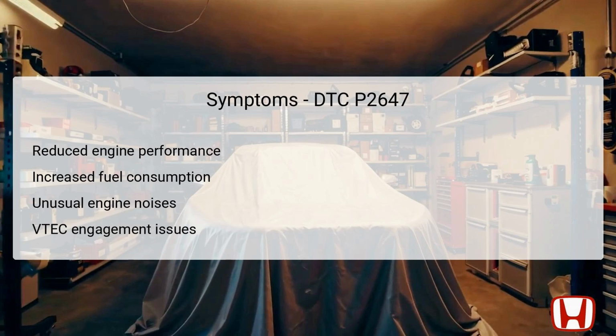This change can lead to increased fuel consumption because the engine is not operating at its most efficient state. Additionally, unusual engine noises may arise, particularly if the VTEC system is stuck engaged, generating rattling or knocking sounds not typically present during normal operation.